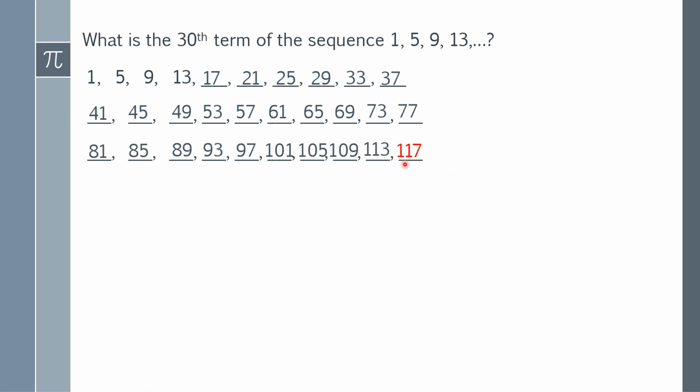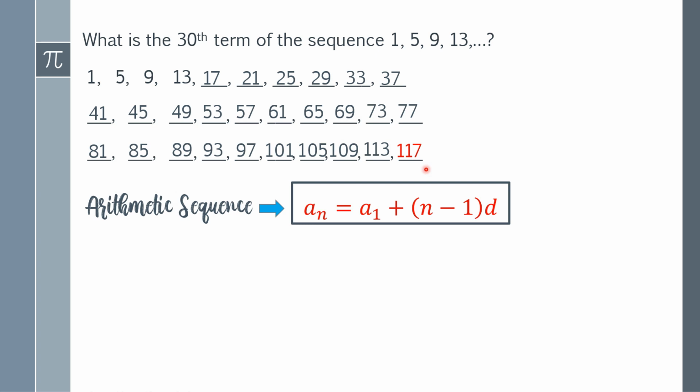This will be our 30th term. If we are going to use this method, it will take so much time just to get the term that we want. That is why we will use the formula for arithmetic sequence.